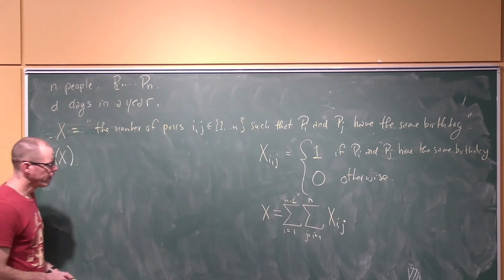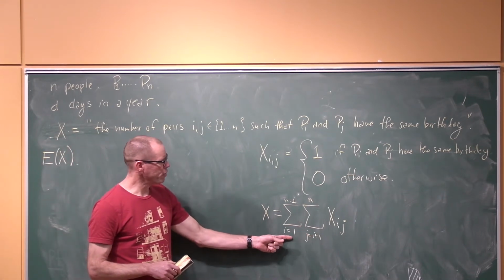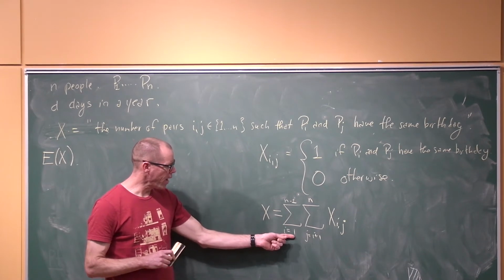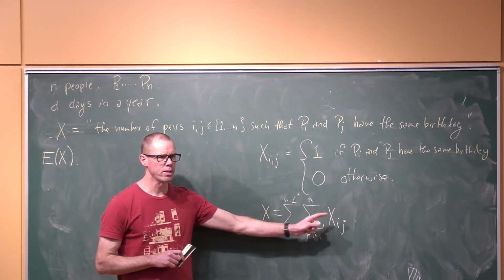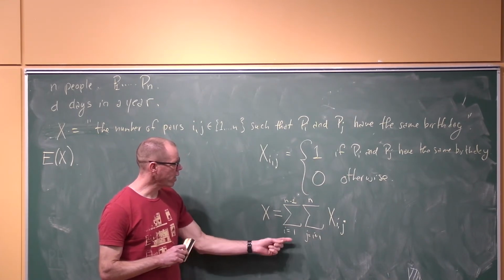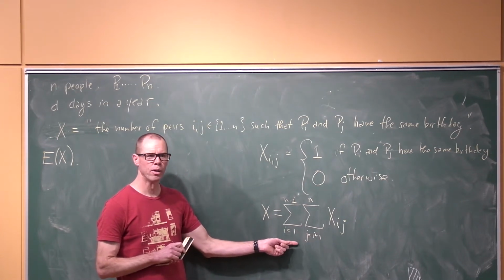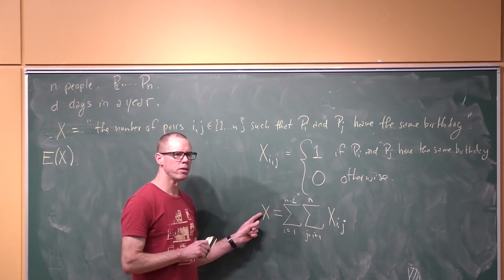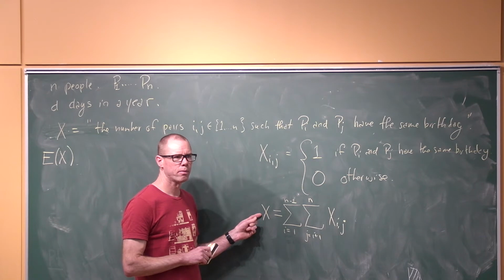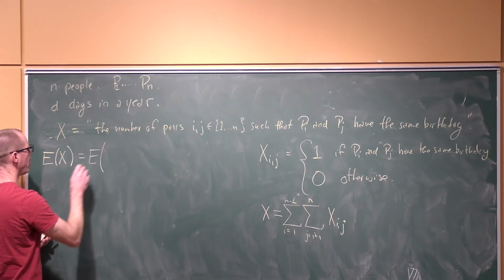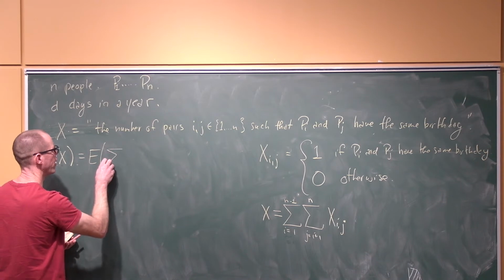Think of this as 2 nested loops, one running over i, the other one running over j, and it will consider every pair ij exactly once. So, in fact, it treats the ordered pairs ij where i is less than j, so everything in here will be considered exactly once. And if those people share the same birthday, then we add 1 to the number of pairs of people who share the same birthday. So this exactly counts the thing we're interested in. So that means the expected value of X is the expected value of this sum.